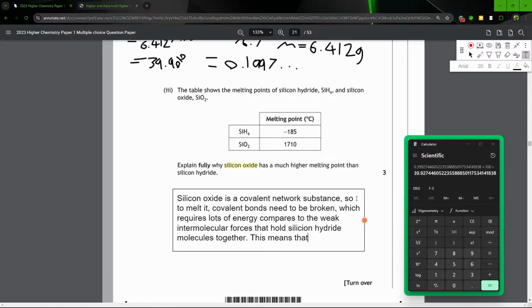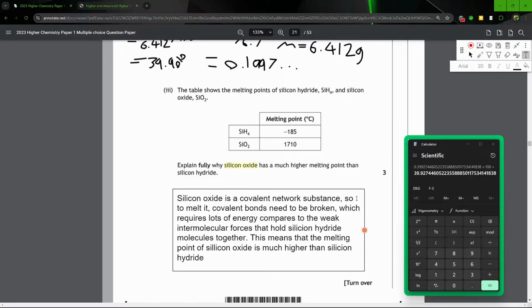This means that the melting point of silicon oxide is much higher than silicon hydride. I'll just fix my grammar.